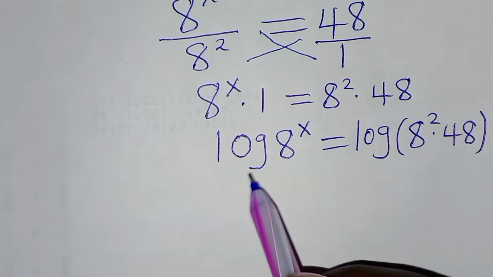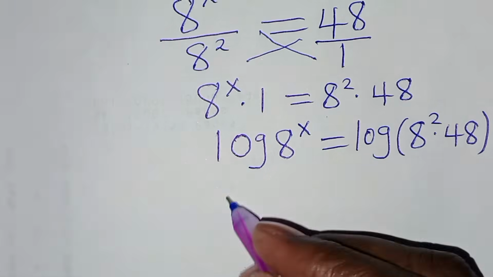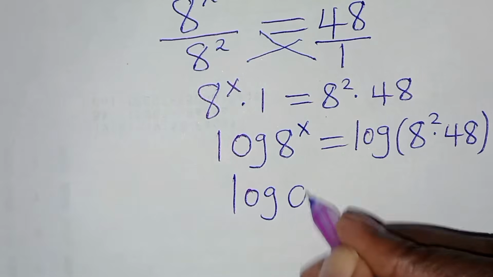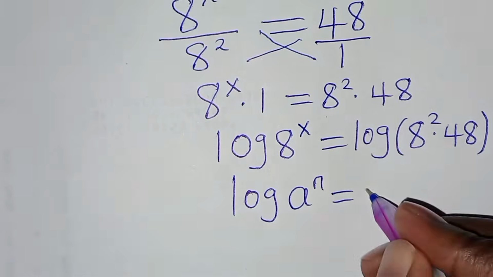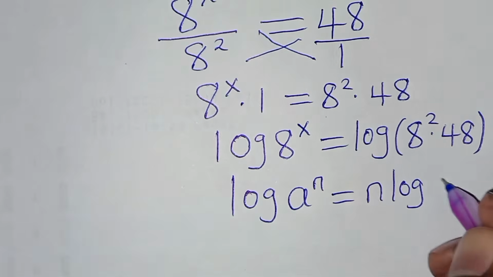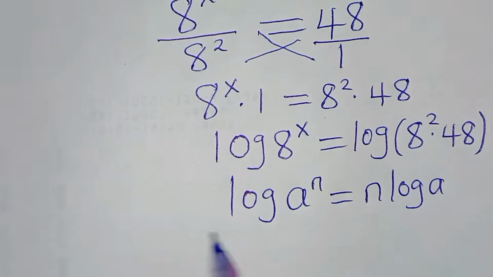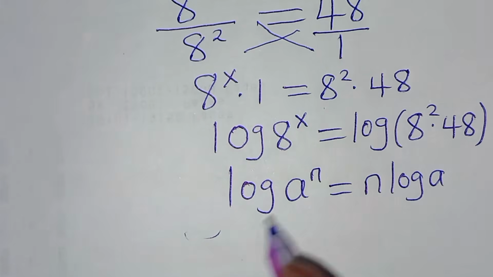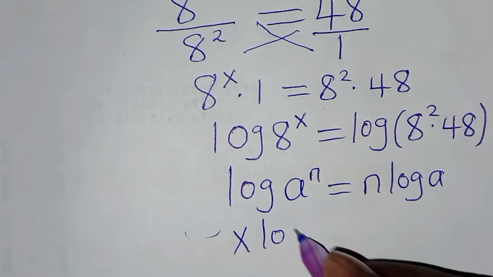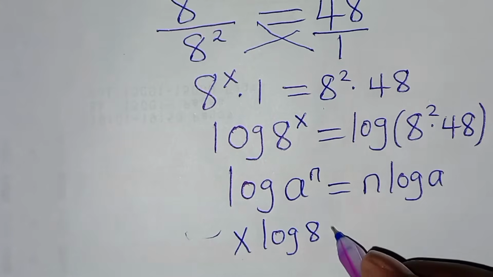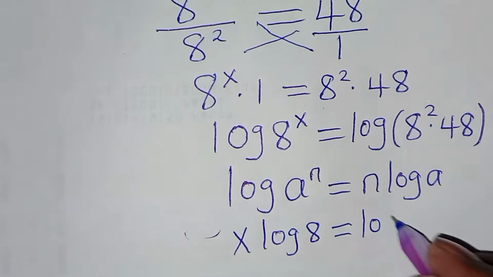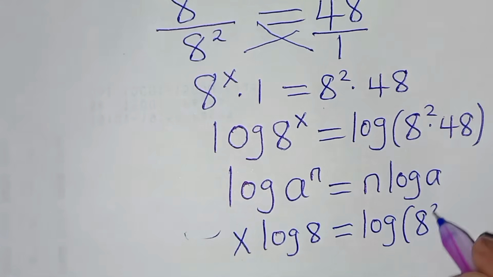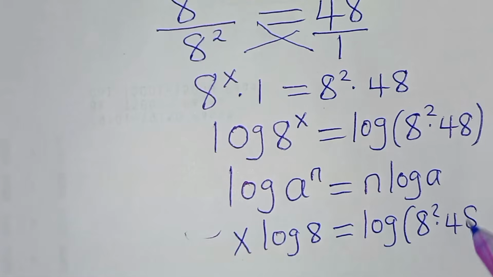So here we find that log 8 to the power x is in the form of log a to the power n, which we can express as n log a. Applying this property, log 8 to the power x becomes x log 8, equal to log 8 to the power 2 times 48.